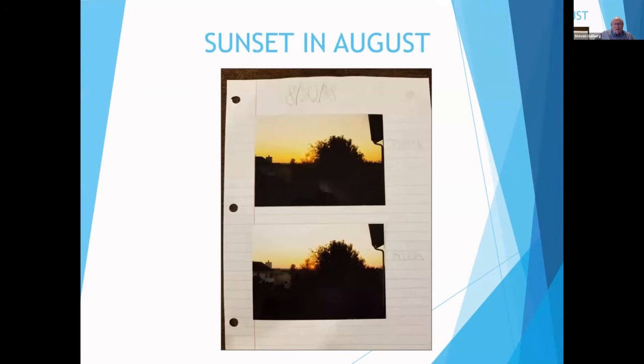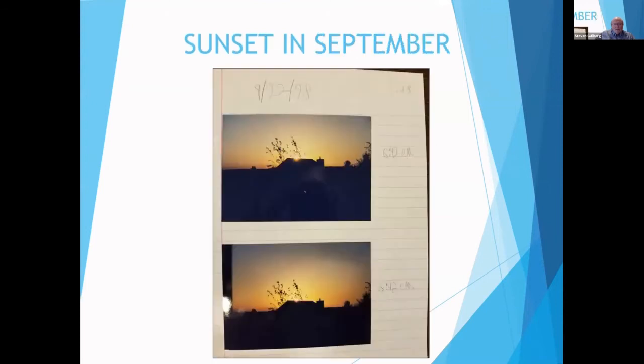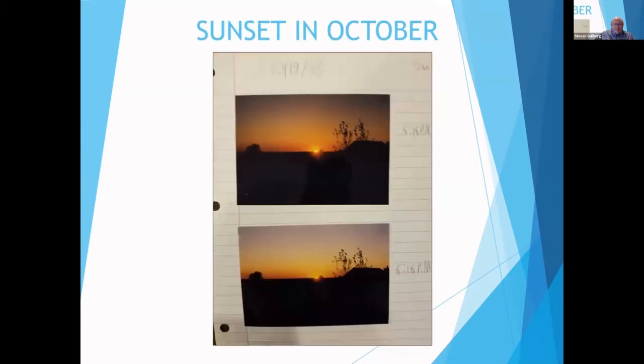And then in August, it moved to the other side of the tree. And then in September, it was over our neighbor's house. And then in October, to the left of the house.